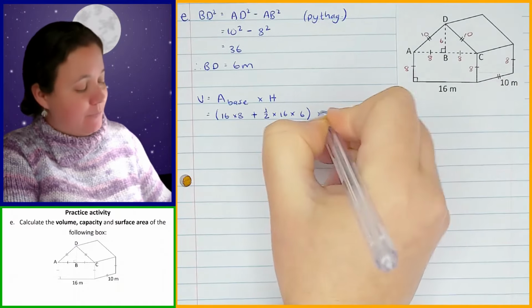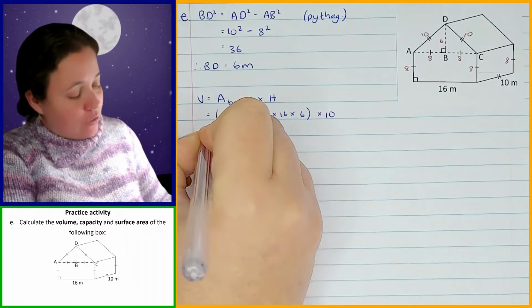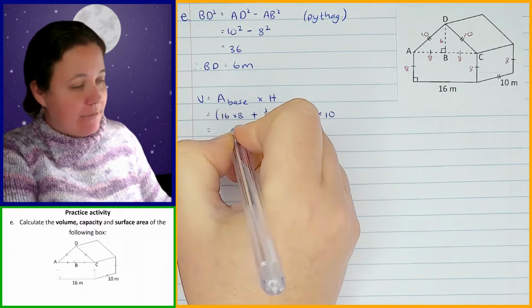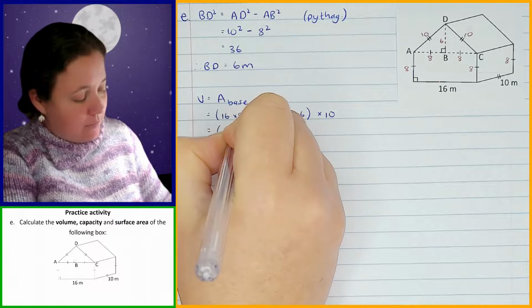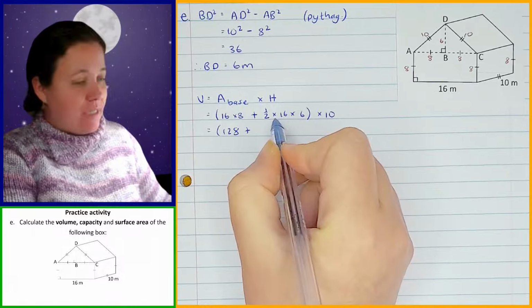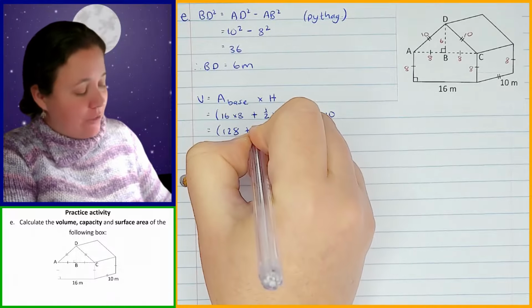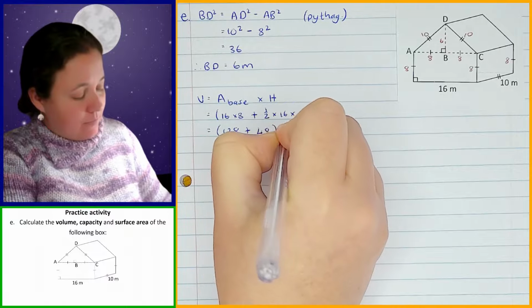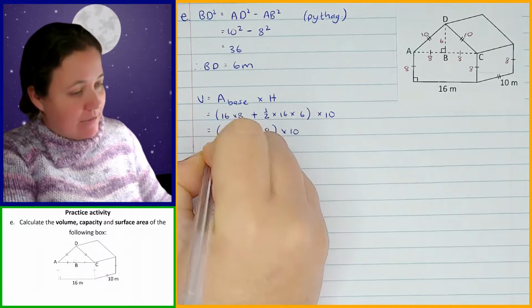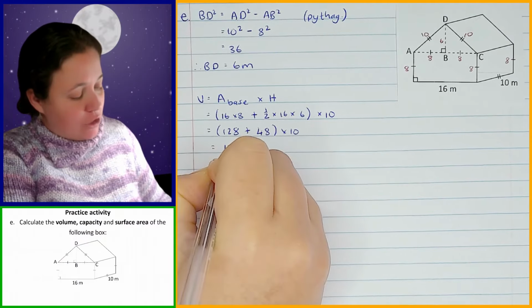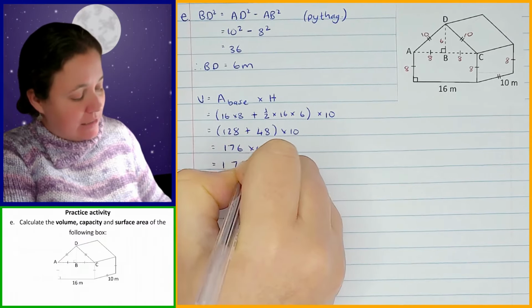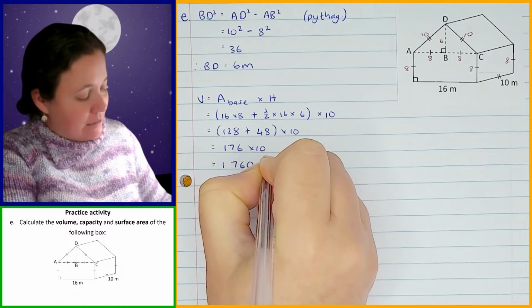So that's 10. Okay, so 16 times 8, that gives us 128, plus half times 16 times 6 should give you 48, and that gives us 176 times 10, which is 1,760 meters cubed.